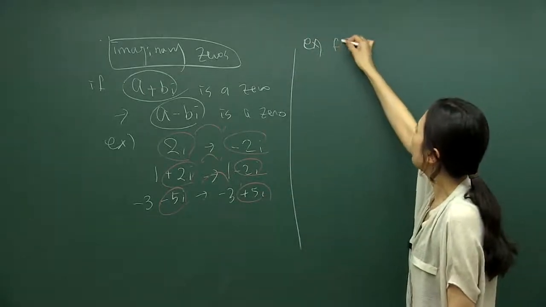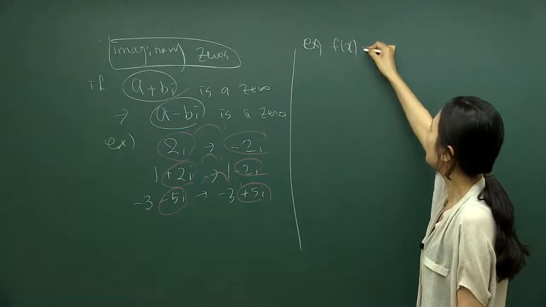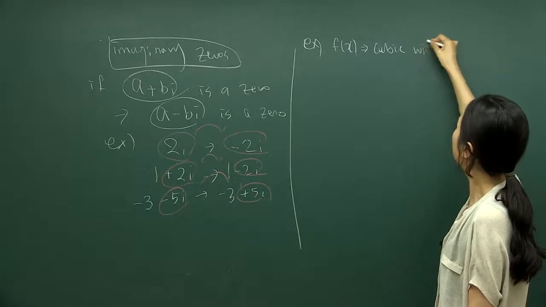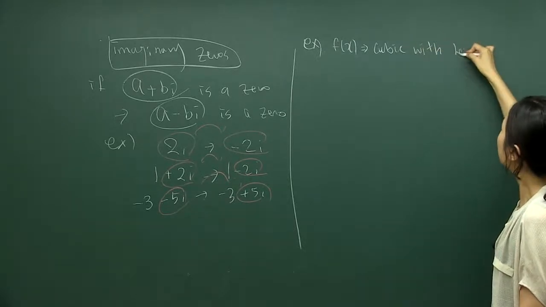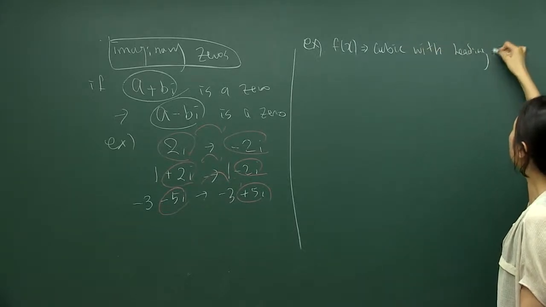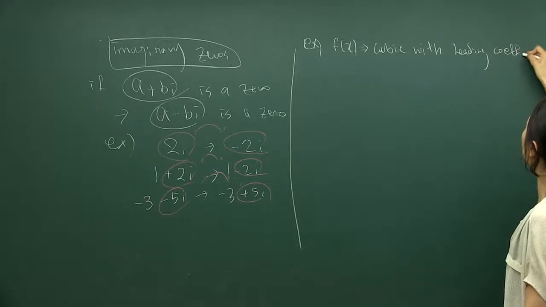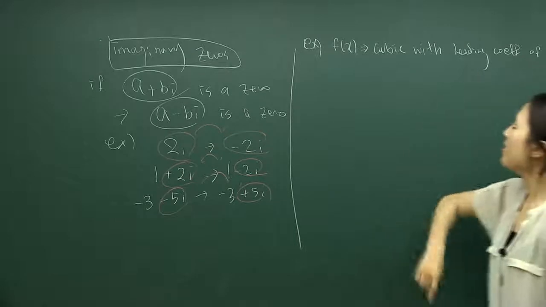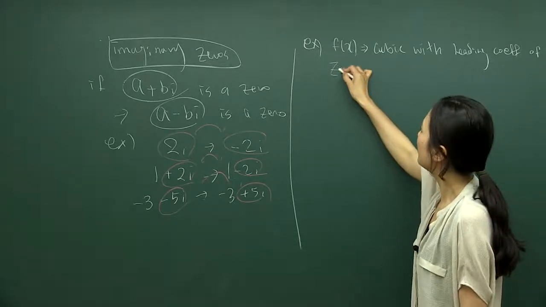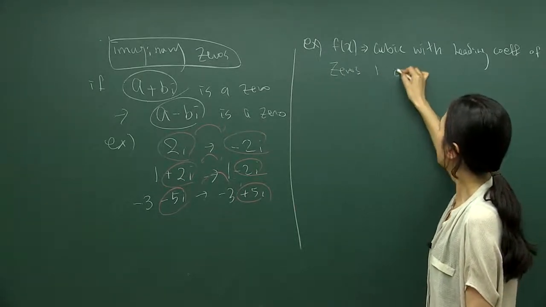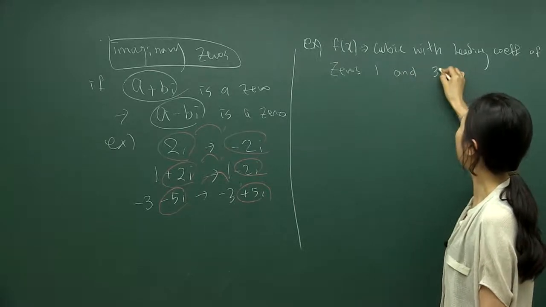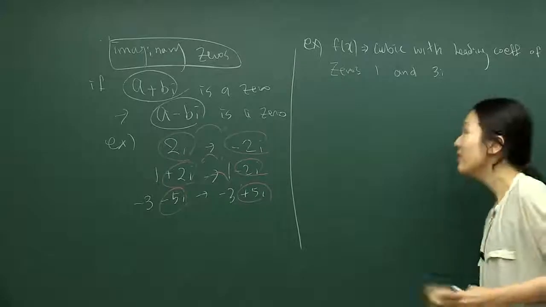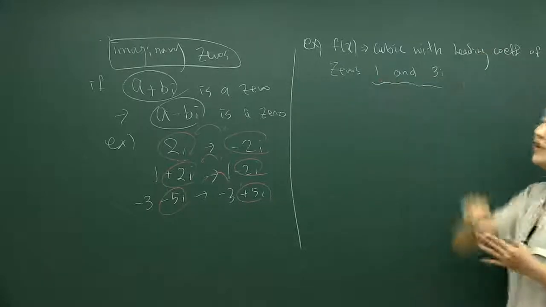Say there is a cubic function, with a leading coefficient of 1 to make things easier. And if the zeros are 1 and 3i, then what is the equation for such a function?